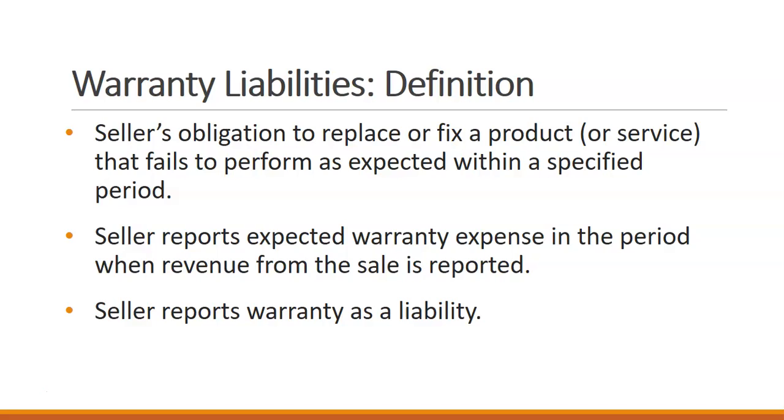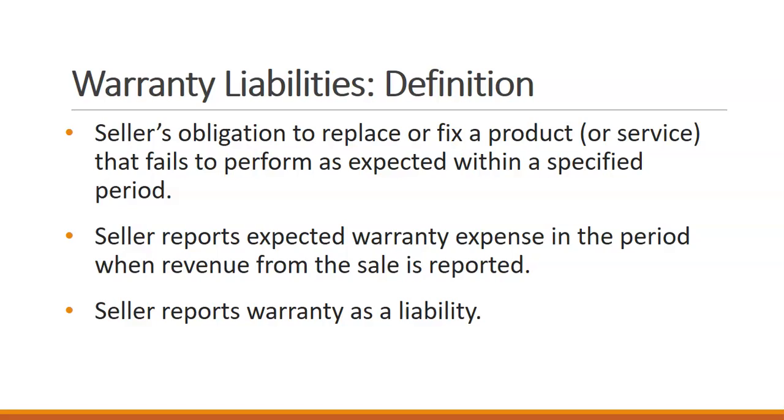No questions asked, they just send you a new one. So this expected warranty expense, we have to record an estimate of our warranty expense when we record the sale, and we report that warranty expense as a liability until a customer comes and uses it.